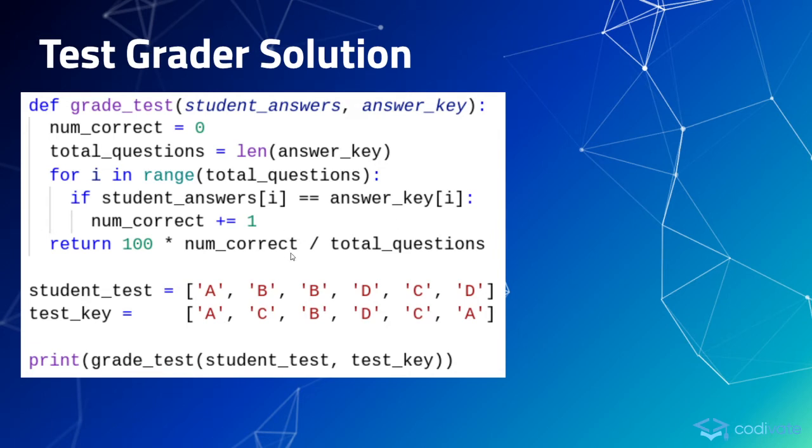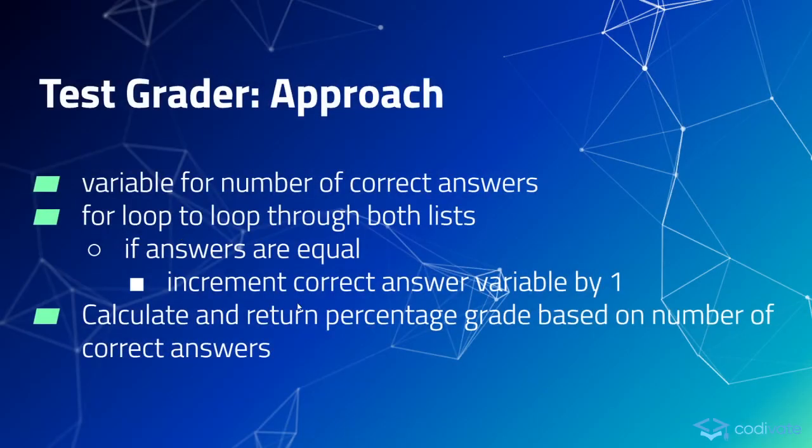That would just be 0.5. But we know that 1 out of 2 is equal to 50%. So if we go from decimal to percent, we need to multiply by 100. This division would give us a decimal answer, and in order to convert to percent, remember to multiply by 100. That's what the question asks us to do, return the percentage grade.